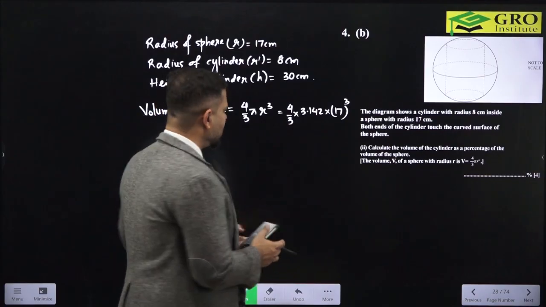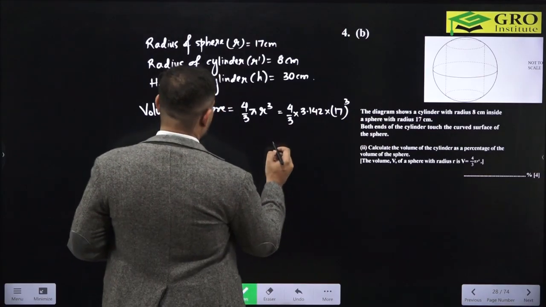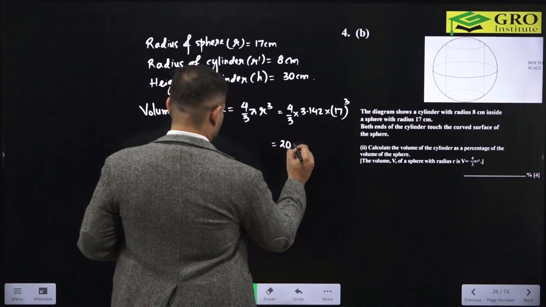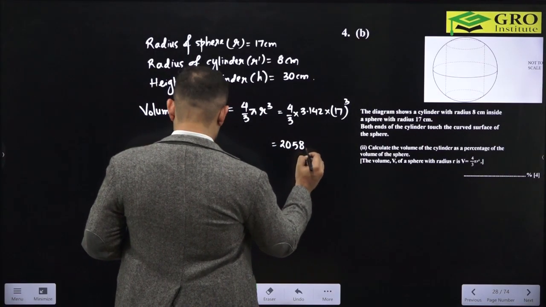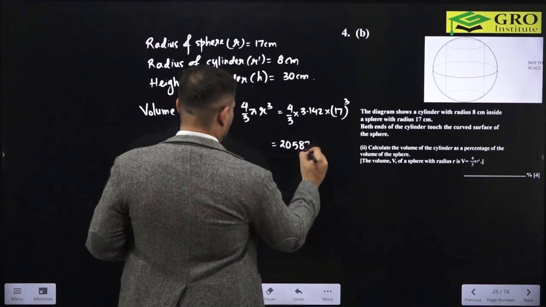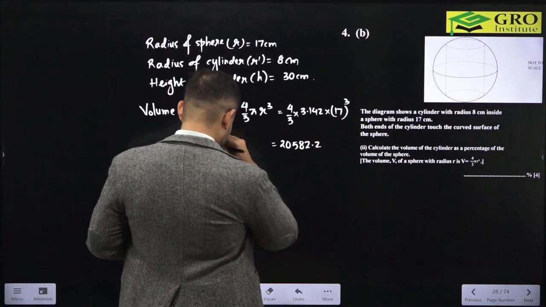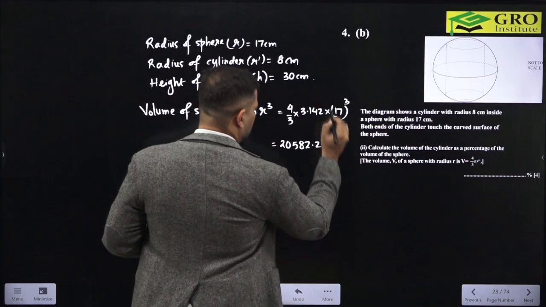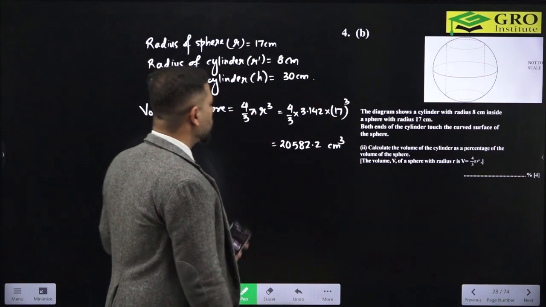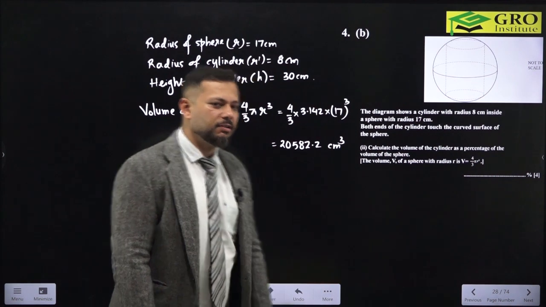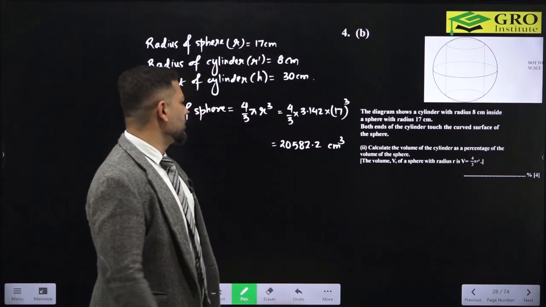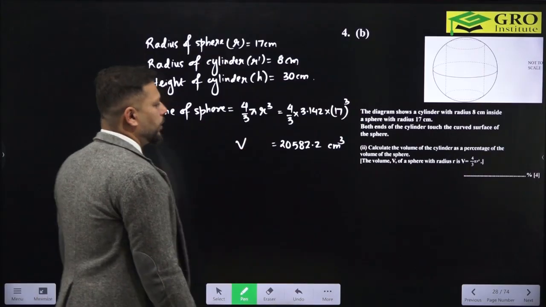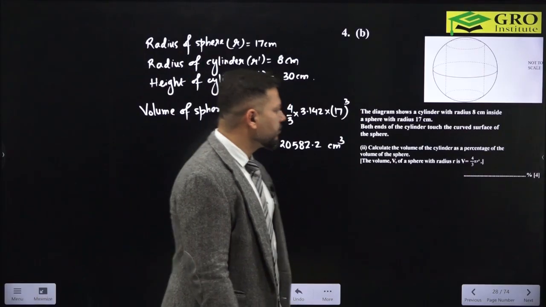So guys, this comes out to be 20,582.2 centimeter cube. This is the volume of sphere. We are going to take it as capital V. Now let us find out the volume of cylinder.